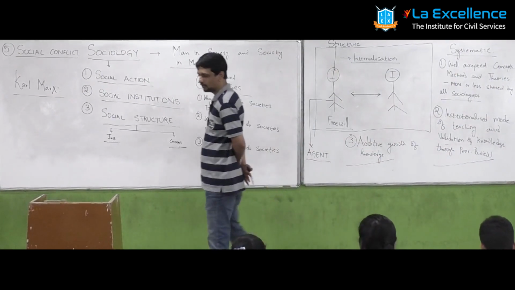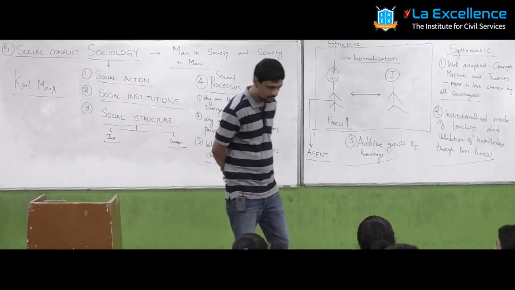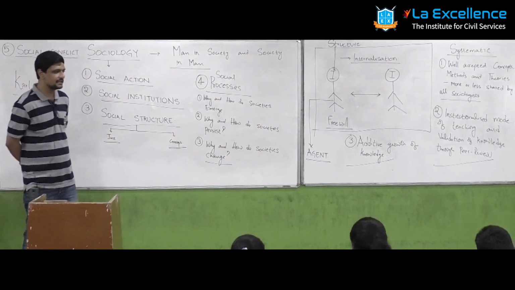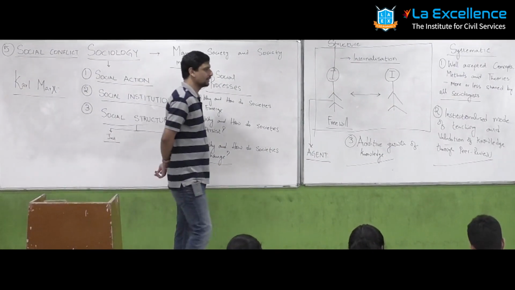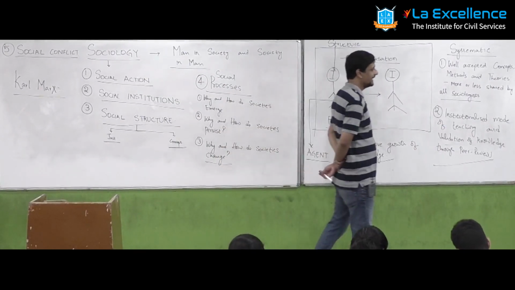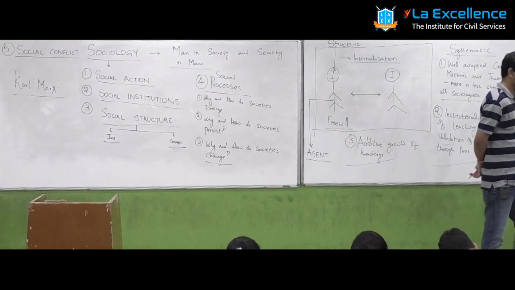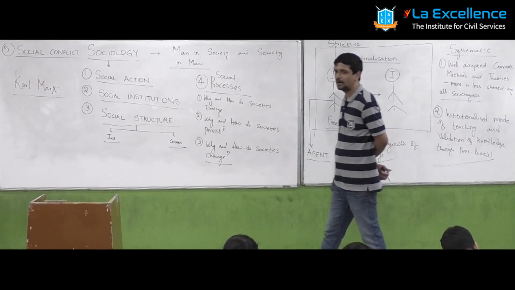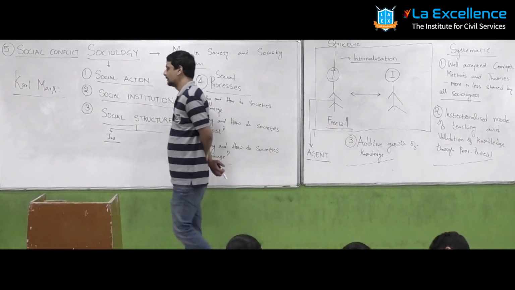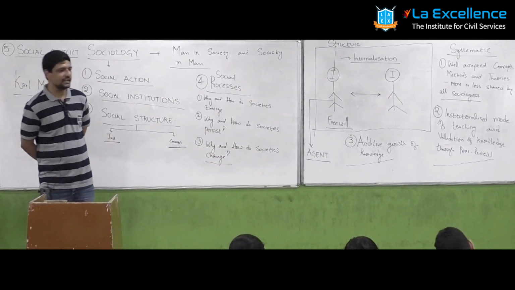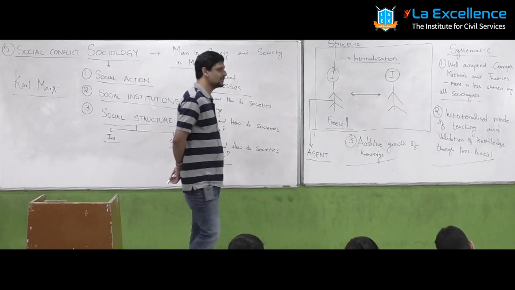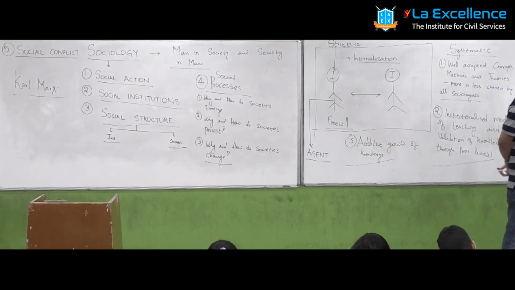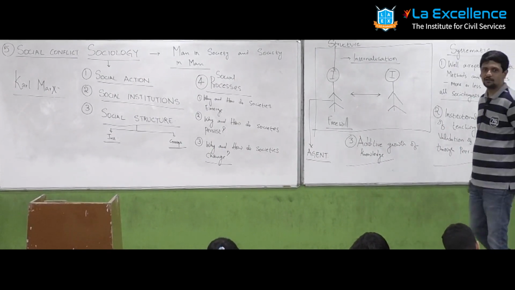Social institution means a form of patterned interaction, full stop. This means the interaction has a tendency to repeat itself, is found widely across society, and persists over long periods of time.